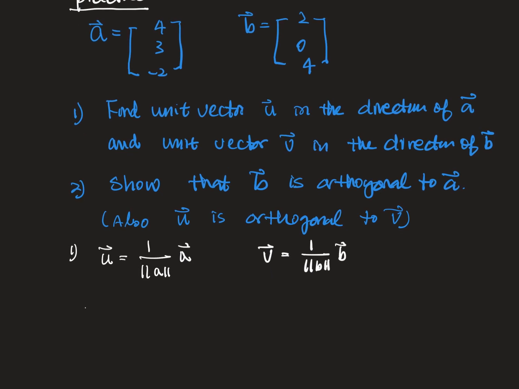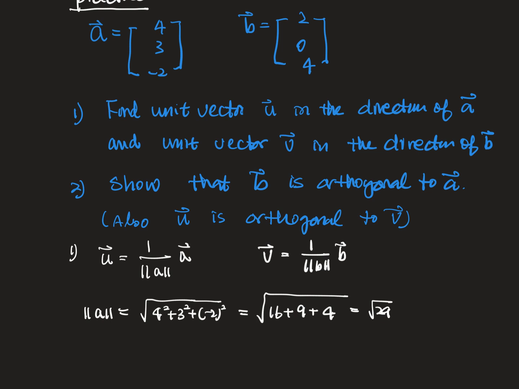Let's find the length of A. The length of A is the square root of 4 squared plus 3 squared plus negative 2 squared, which is 16 plus 9 plus 4, so square root of 29. The unit vector u is 1 over square root 29 times the A vector.